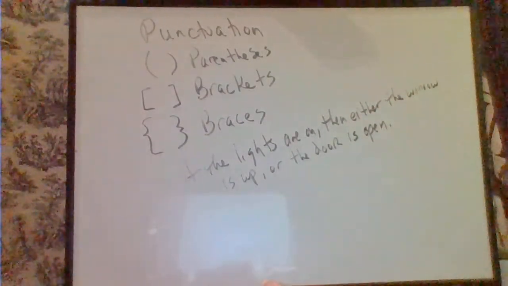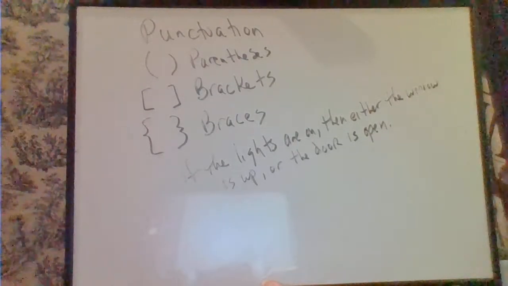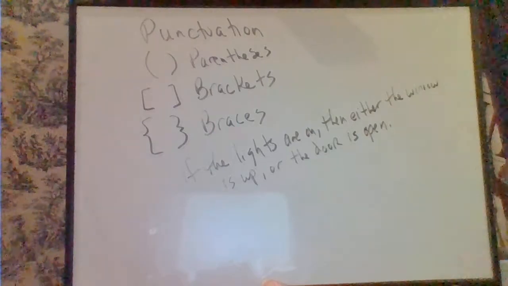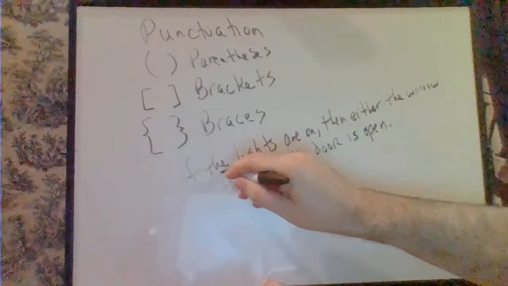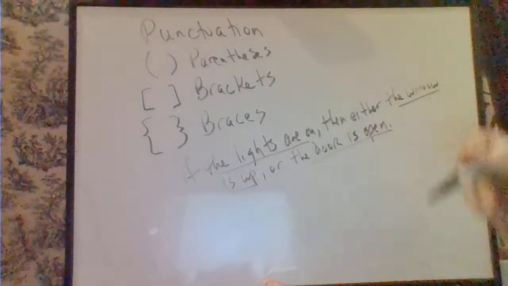So if the lights are on, then either the window is up or the door is open. Okay. So you see there are three things being involved here. The lights are on, the window is up, the door is open.